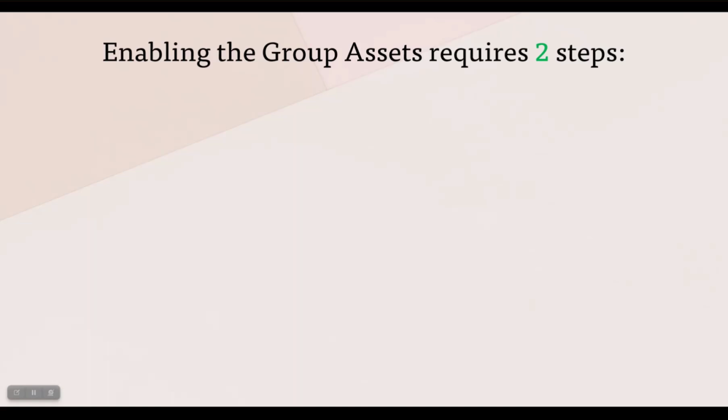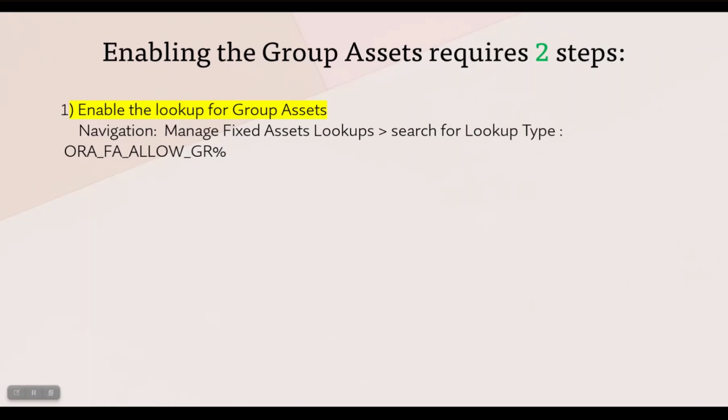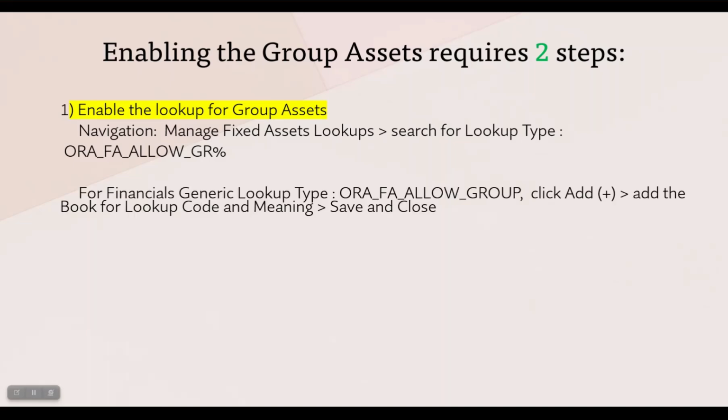Enabling the group of assets requires 2 steps. First, there is one lookup, which is ORA_FA_ALLOW_GR. You have to check this lookup, or search for it under financials generic, and add your book as the lookup code and meaning, then save and close.